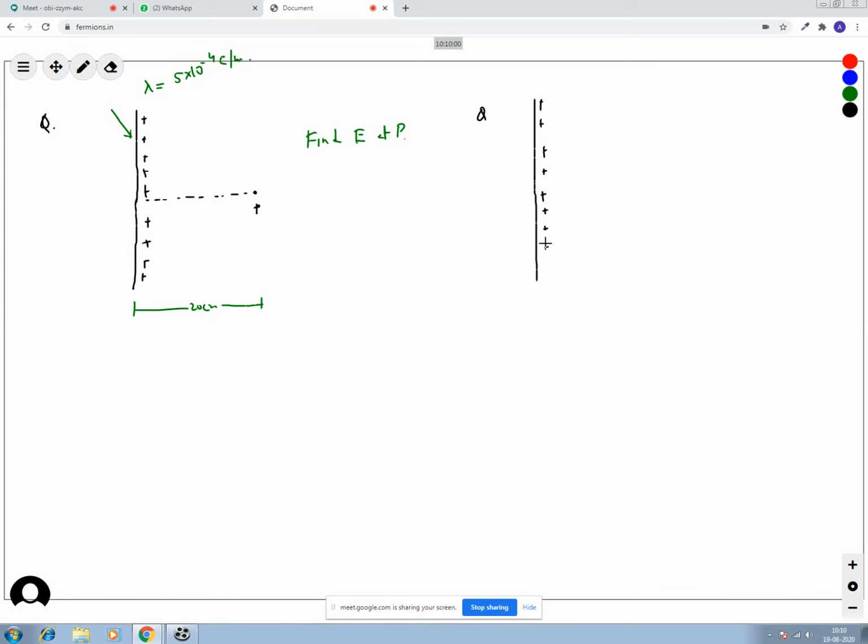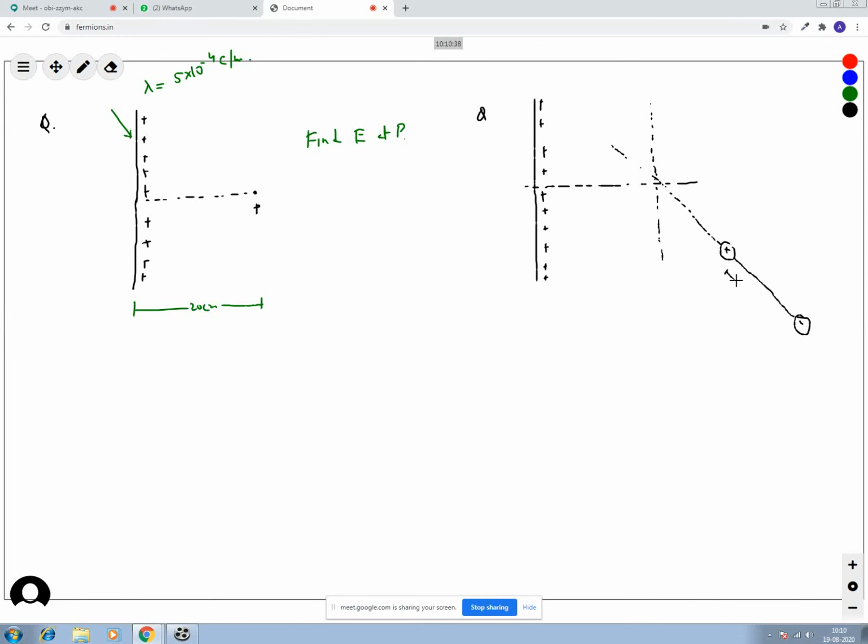I'm going to give you the hint also. So this is a dipole.